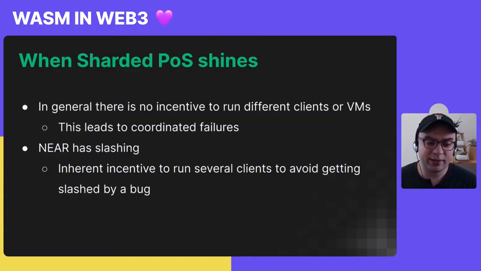But what frequently happens is validators do not really have an incentive to diversify the clients that they're using. Frequently the network just converges to one client, which is the cheapest or the fastest, whatever has better configuration parameters, which undermines the whole point of having multiple implementations, because if 80% of validators are running the same client, then if you have a coordinated error, it's going to go down anyway.